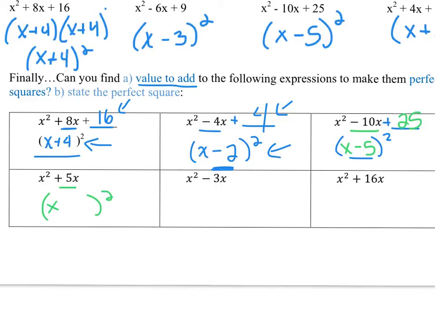So half of this, 5 over 2. Now you can write 2.5 if it makes you feel better. However, we like fractions more. So leave it as 5 over 2 unless we tell you where to round. Okay? So 5 over 2, and then this right here, square it. So whenever you square a fraction, just square the top, square the bottom, and you're good.